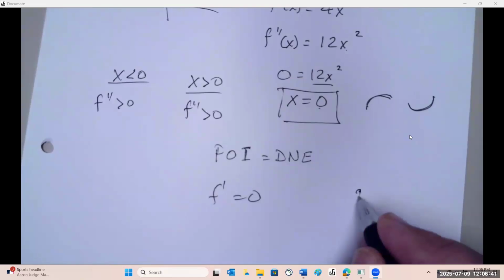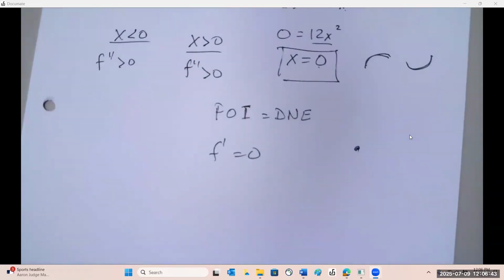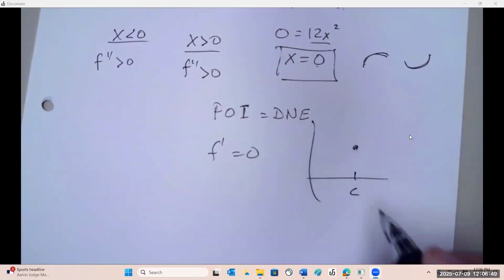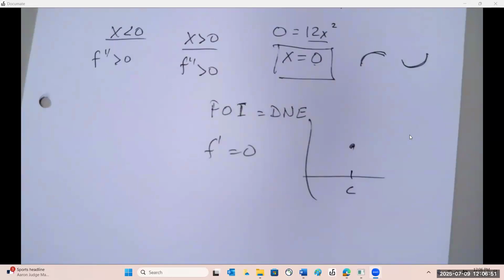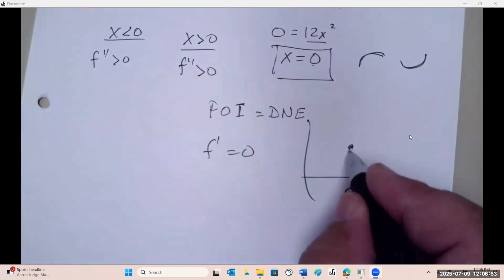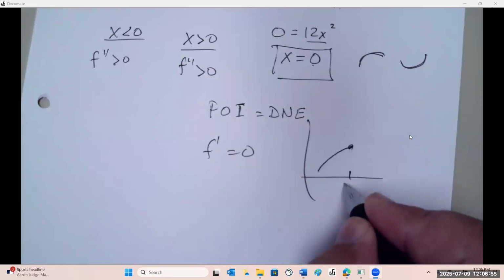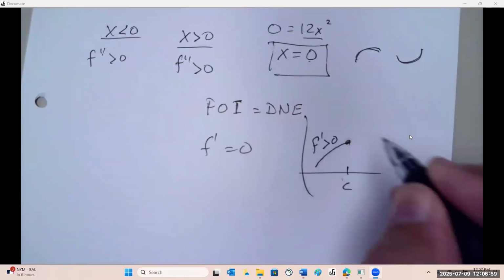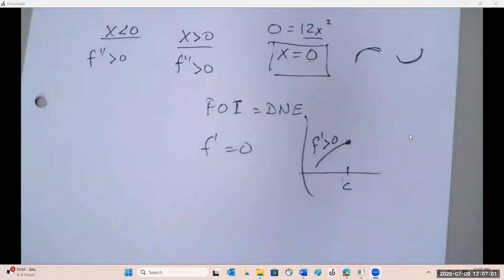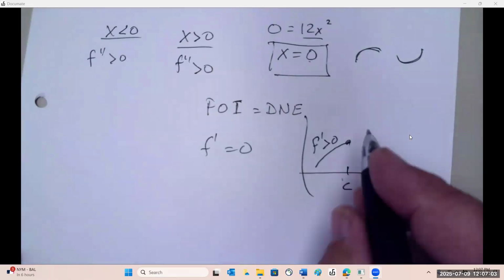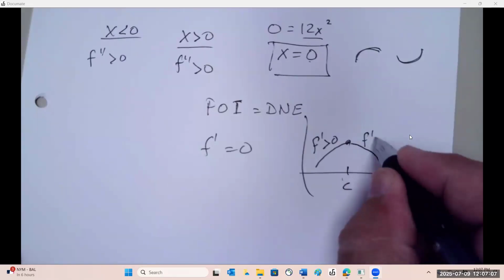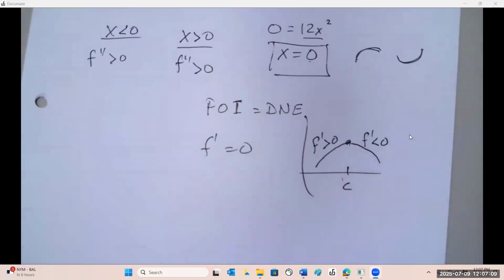If we have a maximum, what has to be true? If we have a maximum at this point C, then all the points to the left of C, the first derivative has to be positive. And for all the values on the right-hand side of C, the first derivative has to be negative.